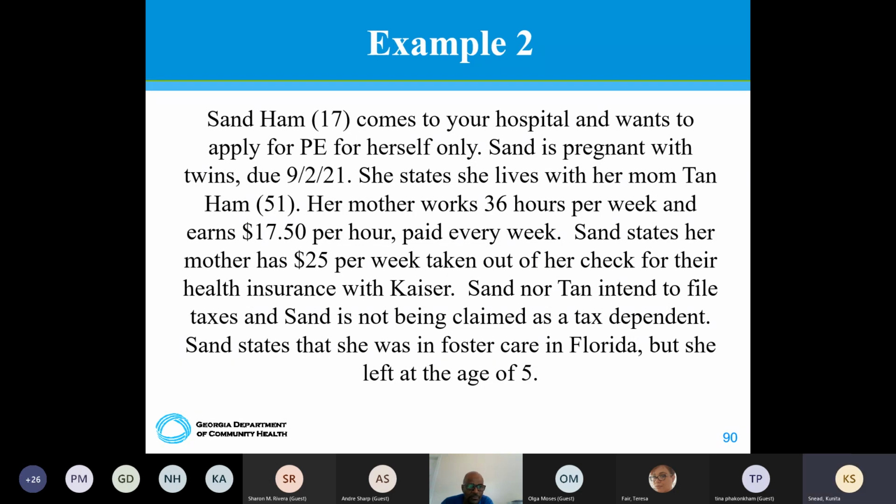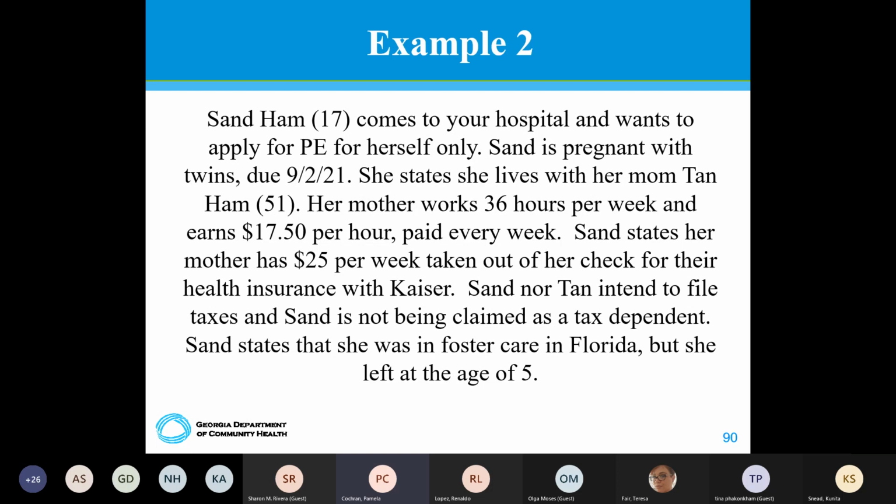Sand Ham, 17, comes to your hospital and wants to apply for PE for herself only. Sand is pregnant with twins due 9/2/21. She states she lives with her mom, Tan Ham, 51. Her mother works 36 hours per week and earns $17.50 per hour, paid every week.